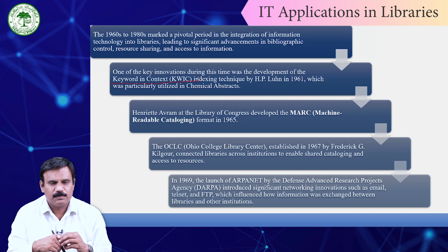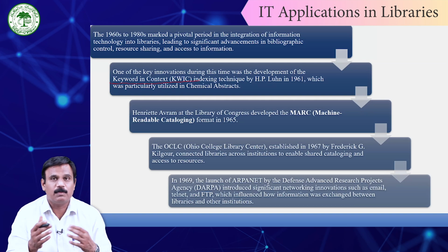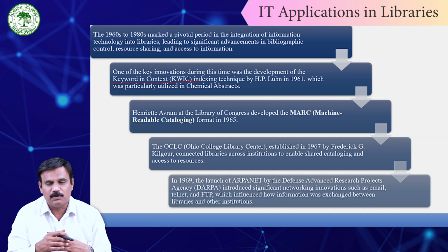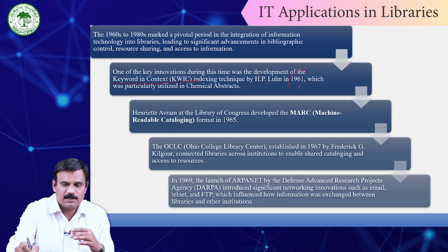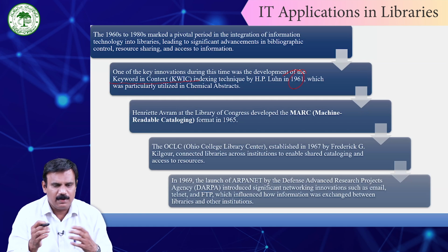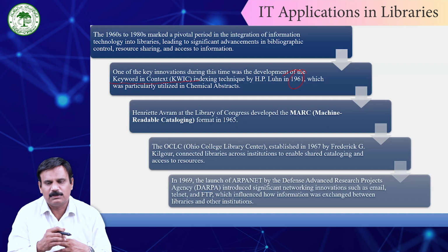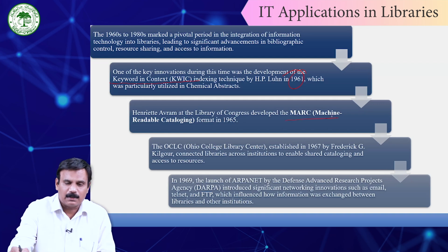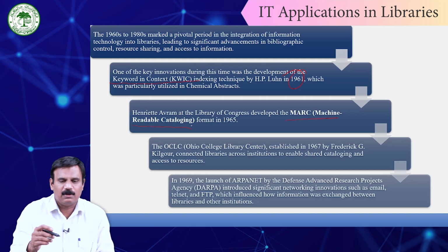Keyword in Context, this indexing technique, was developed by Hans Peter Luhn in 1961, and was particularly utilized in chemical abstracts. Henriette Avram at the Library of Congress developed MARC, Machine Readable Cataloging format, in 1965.